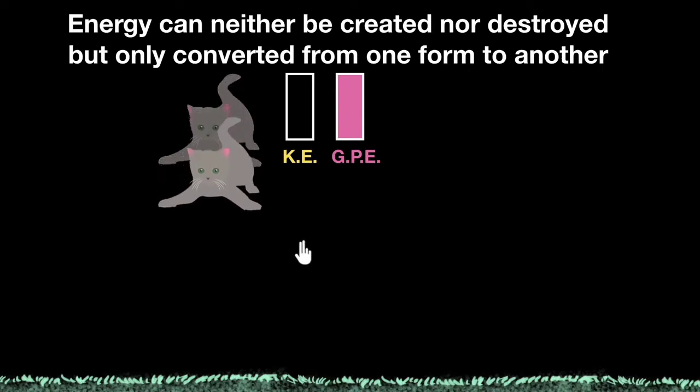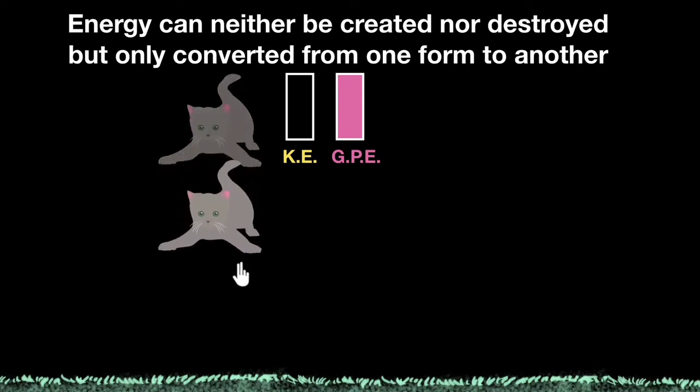As the cat falls down and comes to say this point, now the cat has some speed, which means the cat has gained kinetic energy, right? It had 0 before, but now it has kinetic energy. We can ask, where did that kinetic energy come from? Did it get created? No, it didn't.